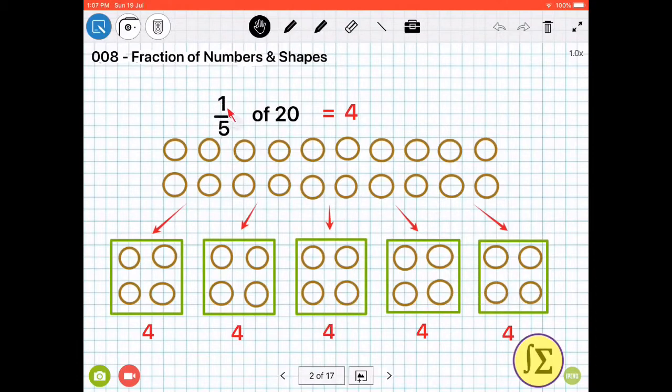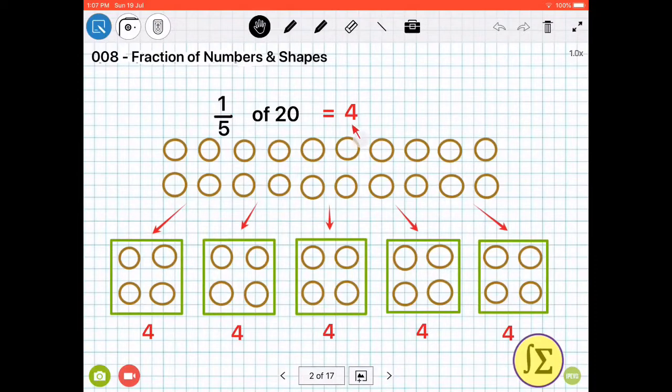And the number 1 here represents the value in one of the groups. So in one of the groups, the value is 4, right? So we found out that to get the answer, we could simply take 20 and divide it by 5 to get a value of 4.